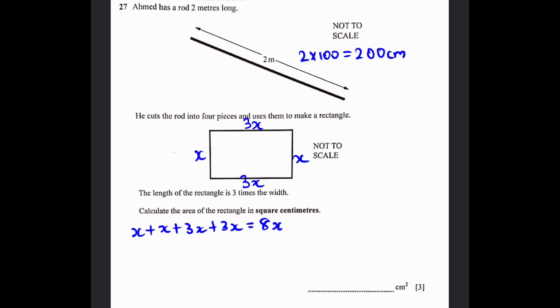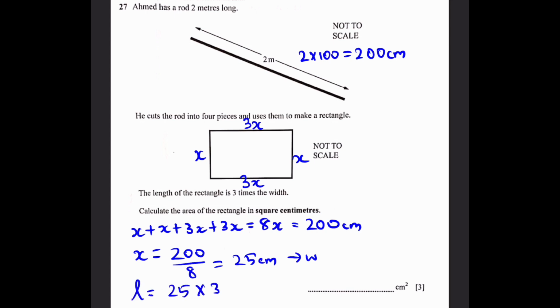And because they have used this rod to make the rectangle, that is equal to 2 meters, which is 200 centimeters. Therefore, x will be equal to 200 by 8, which is equal to 25 centimeters. That is the width. And then the length is equal to 25 multiplied by 3, which is 75 centimeters.